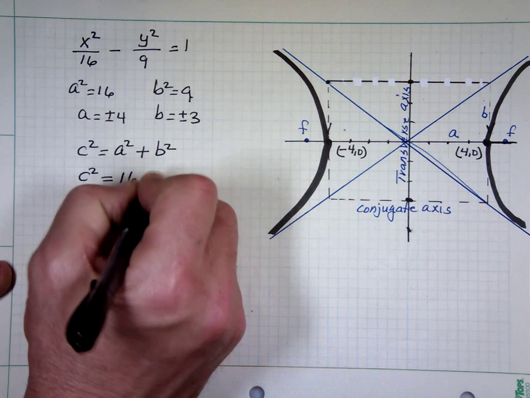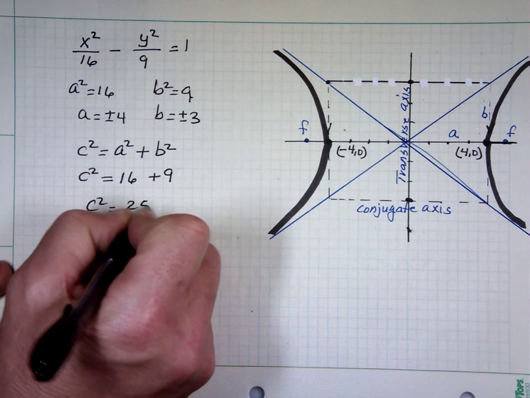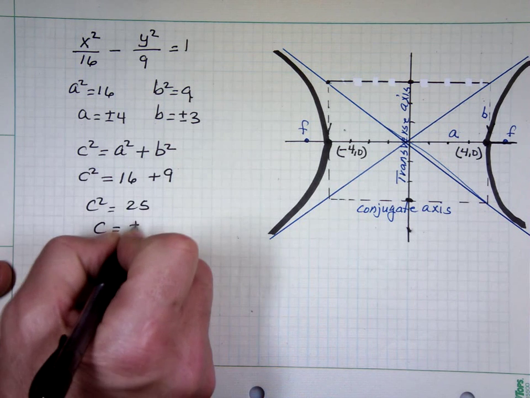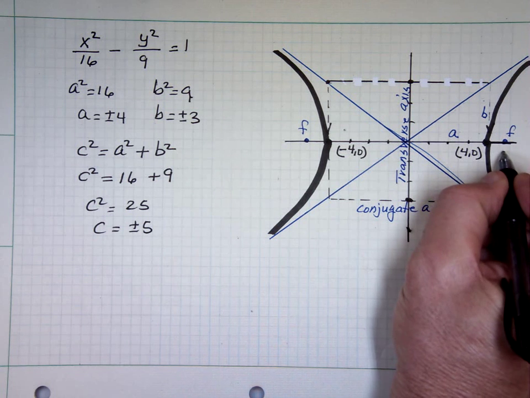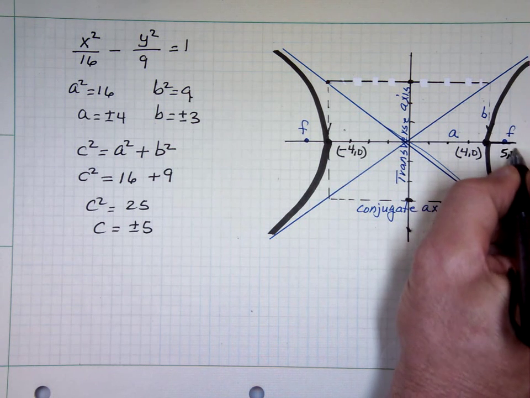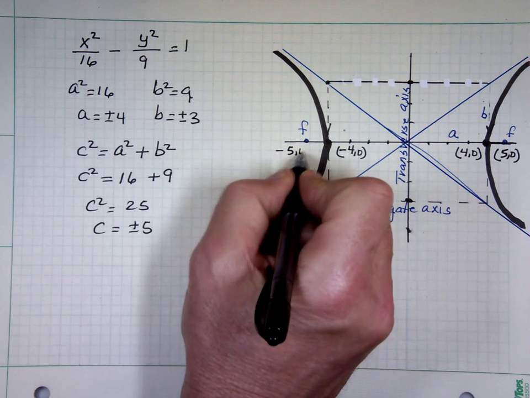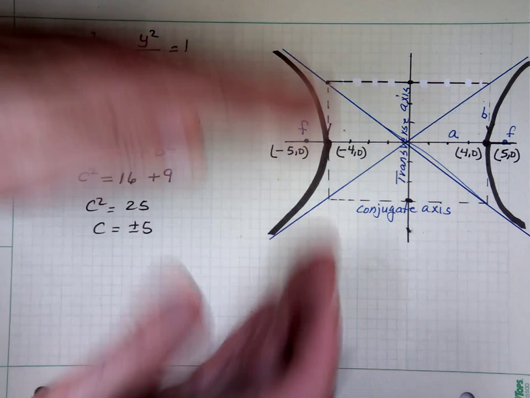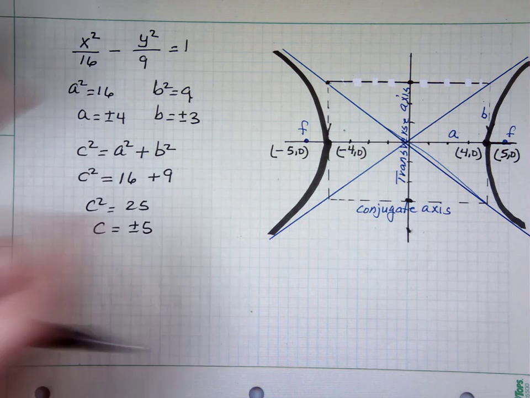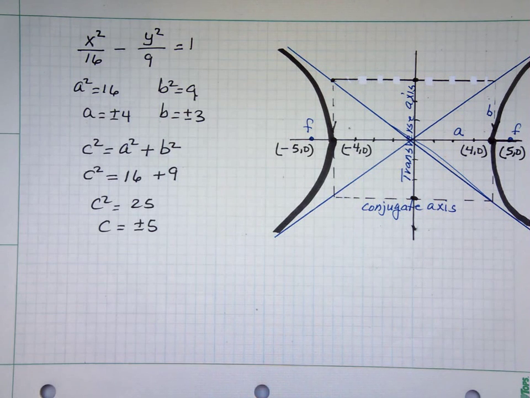B squared is 9. C squared equals 25. C equals plus or minus 5. So right here, this is going to be 5, 0. And the other focal point, negative 5, 0. Again, if there's a mirror on this end, and you shine a light at it, all the beams will deflect through that point. That's what that focal point is.